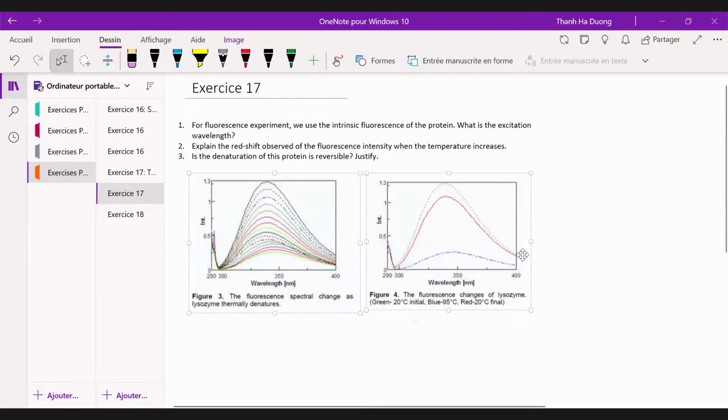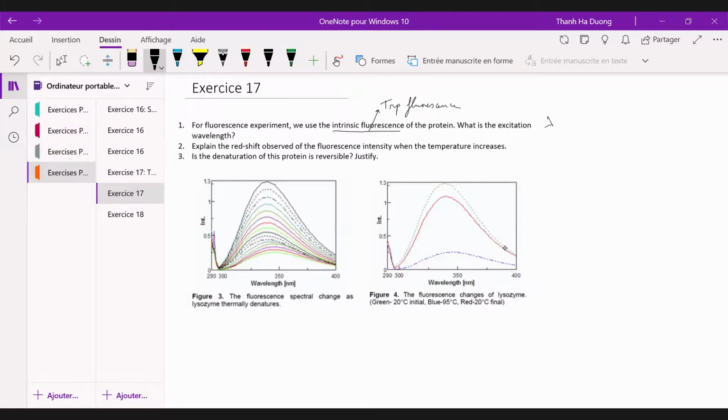So if we observe this time the fluorescence spectral change, we use the intrinsic fluorescence. What is the excitation wavelength? The intrinsic fluorescence is also the tryptophan fluorescence. We already saw that for tryptophan we excite the proteins at 280 nanometers.